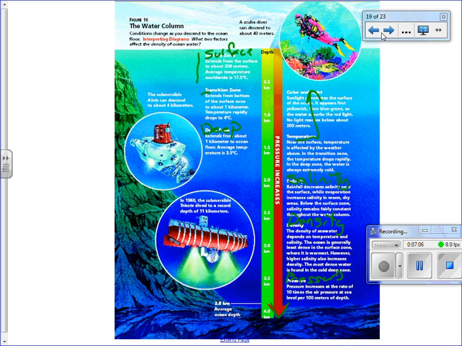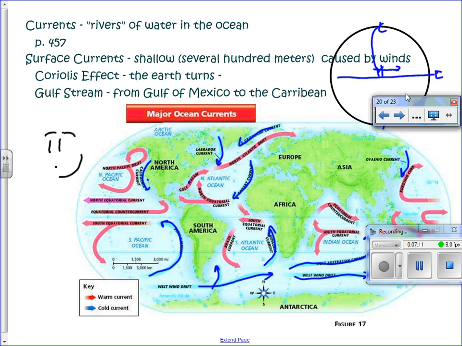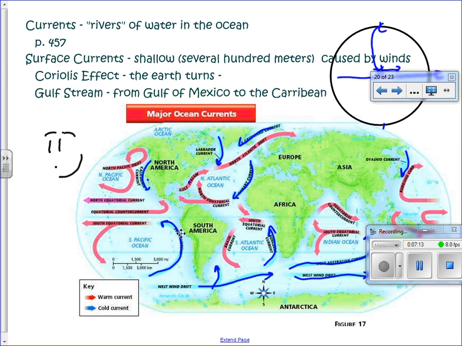All right, let's move over. So here we have currents, which are basically rivers of water in the ocean. And just like with a river, they can be used for transportation. So, rivers of water within the ocean.